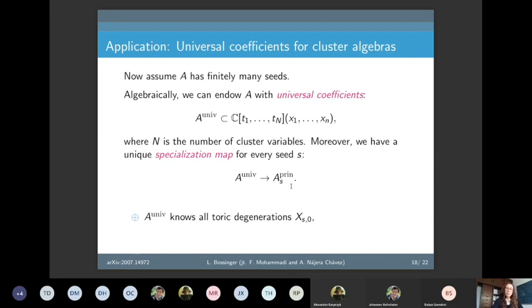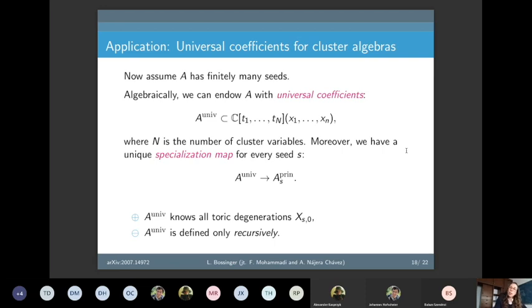So in that sense, if I think of the universal cluster algebra, again, as a family of algebras deforming or degenerating my cluster algebra A, then inside here I can find again the algebra with principal coefficients, which gave me this toric degeneration of X to X_S naught. But this algebra A^univ is still a cluster algebra, and hence it is only defined recursively, like all cluster algebras.